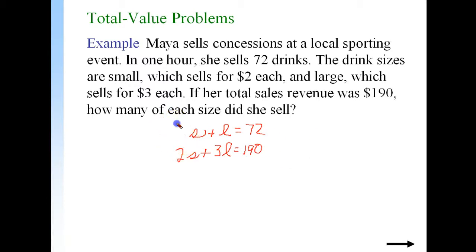If we multiply each term in this equation by, let's say, a -2, here we will have a -2s plus negative, well, we don't want a plus there, we want a negative there, negative 2l equals a negative 144.